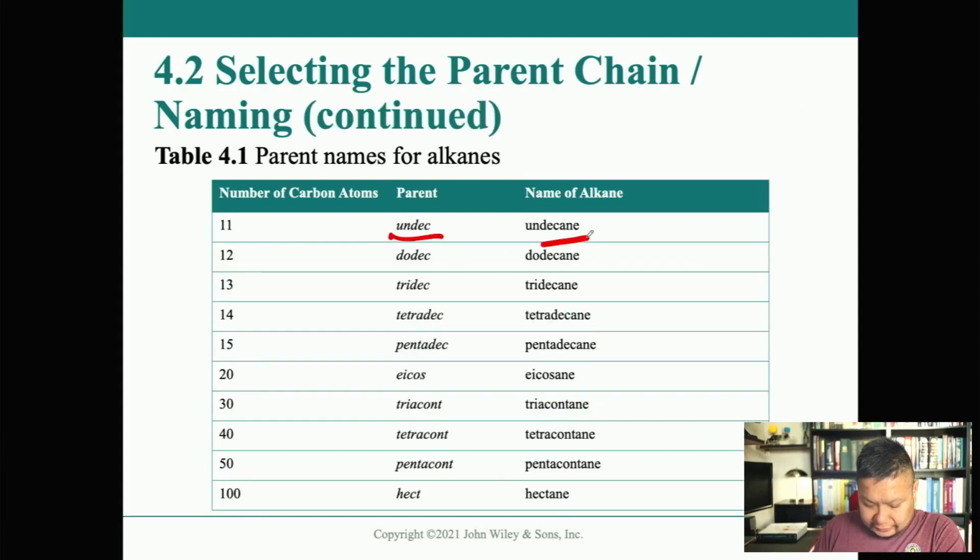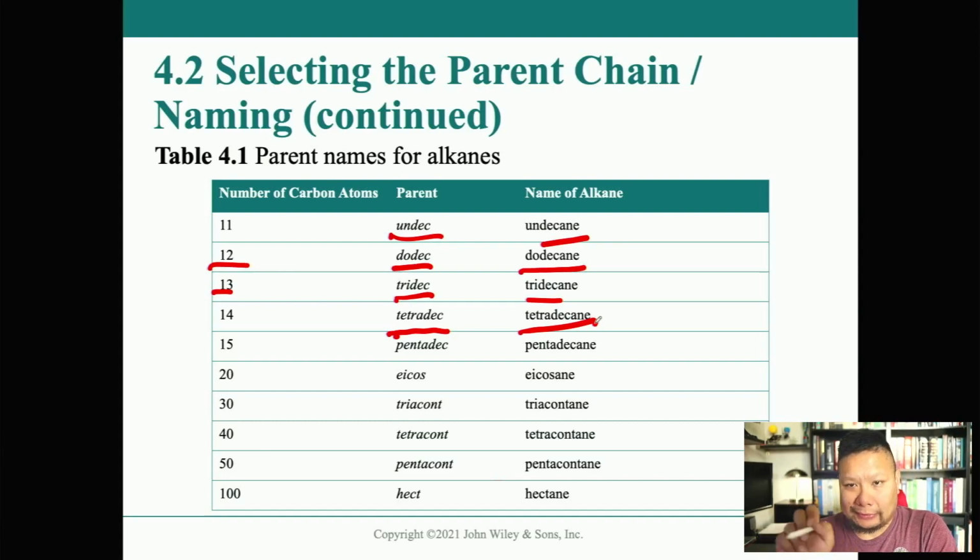Undecane is 11. Dodec, or dodecane, is 12. Tridec, or tridecane, is 13. Tetradec is 14. So this is how you know that it's both Latin and Greek, right?